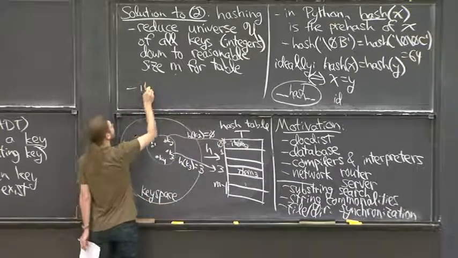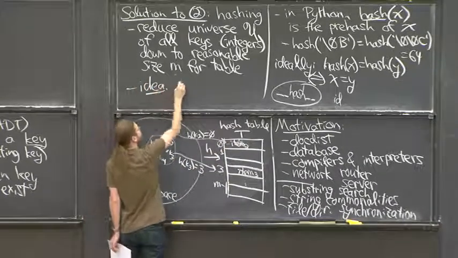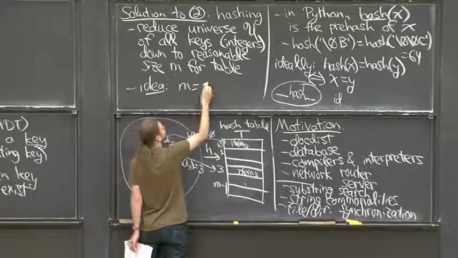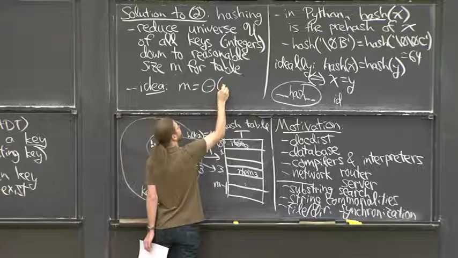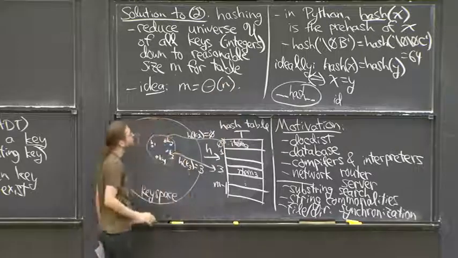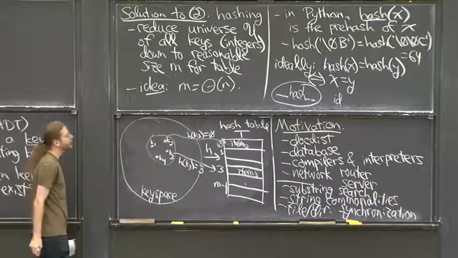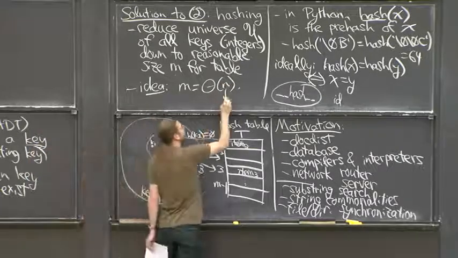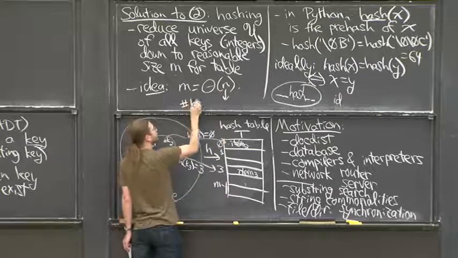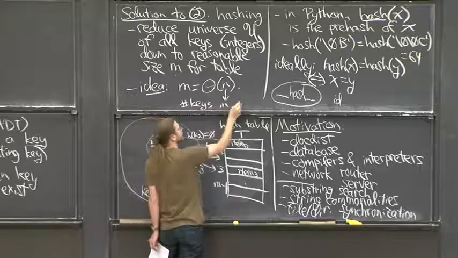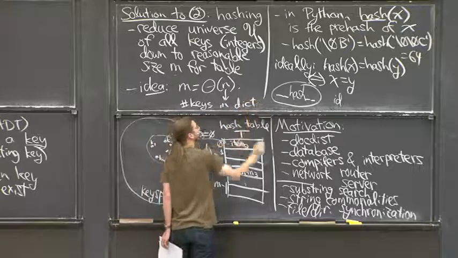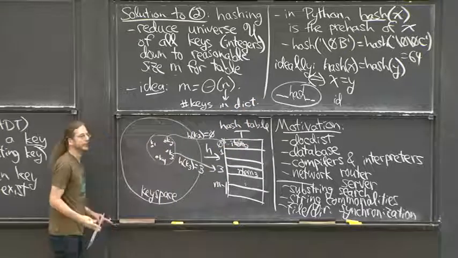And the idea is we would like m to be around n. It's not much bigger. N is the number of keys in the dictionary right now.